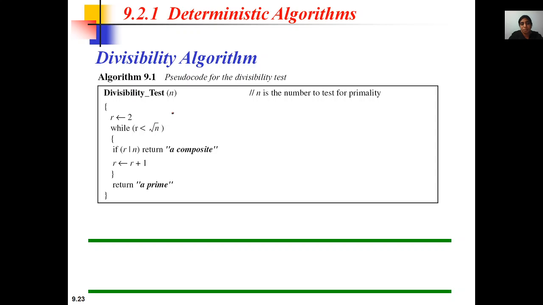When you are dividing by 2, if it is divisible, then it is a composite value, and if it is not divisible, then we can say it is a prime number.